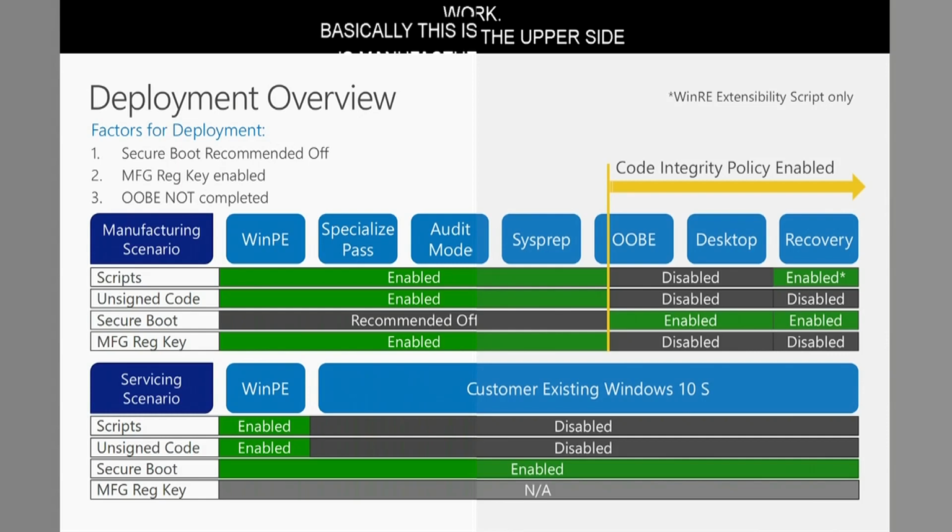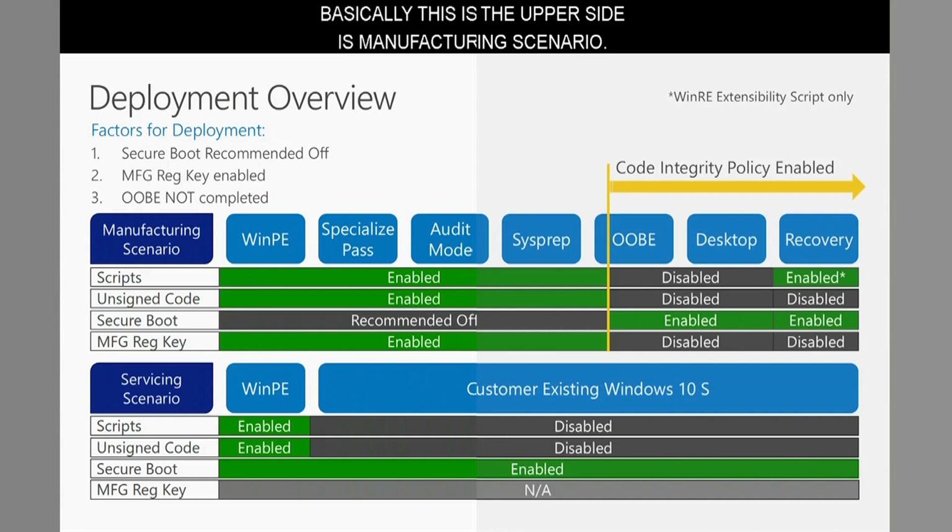For the manufacturing scenario, we ask you to set secure boot recommended off and set the manufacturing registry key, which we have documented on MSDN, and I can send you the information. You enable the manufacturing registry key and turn secure boot off, and then scripts and unsigned code work in your manufacturing process. So you can use manufacturing tools to check hardware state or do some performance testing once you set the manufacturing registry key and secure boot off.